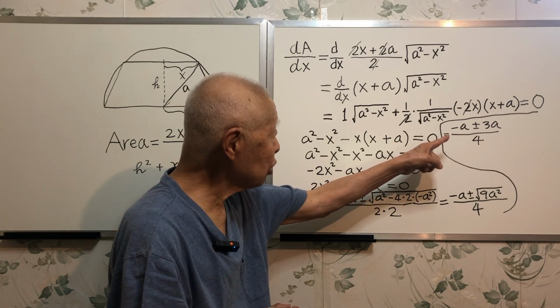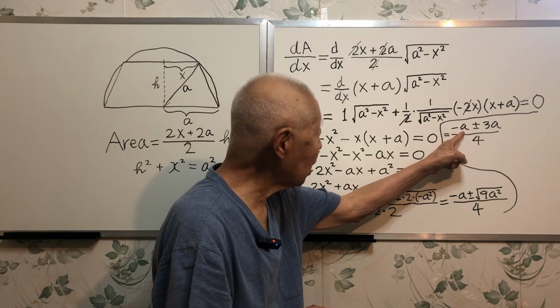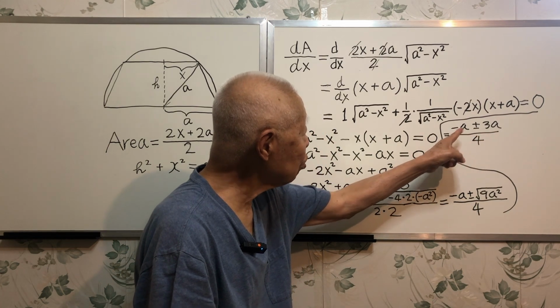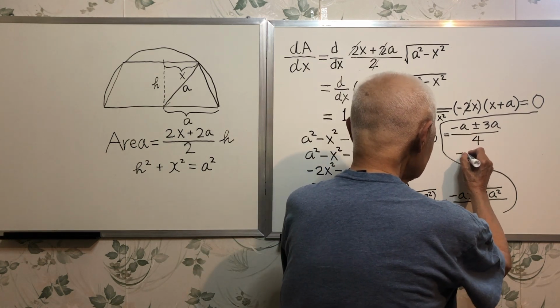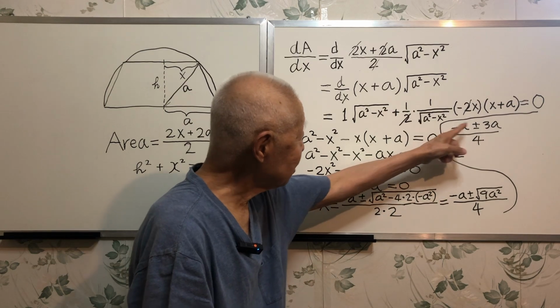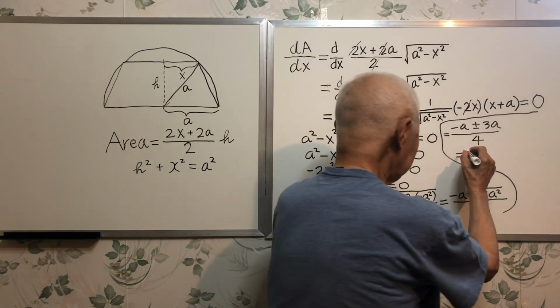So my answer should be using this plus sign. So minus a plus 3a is 2a. 2a divided by 4 is half a.